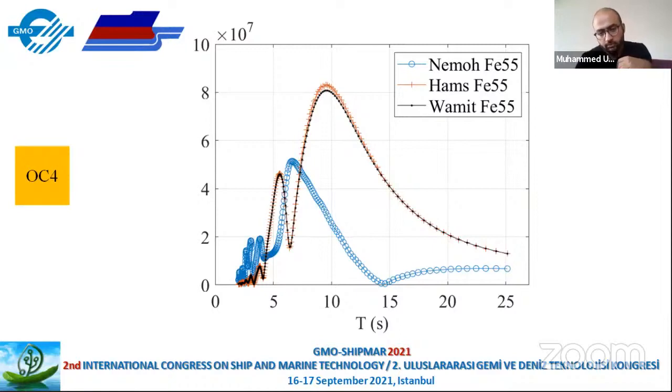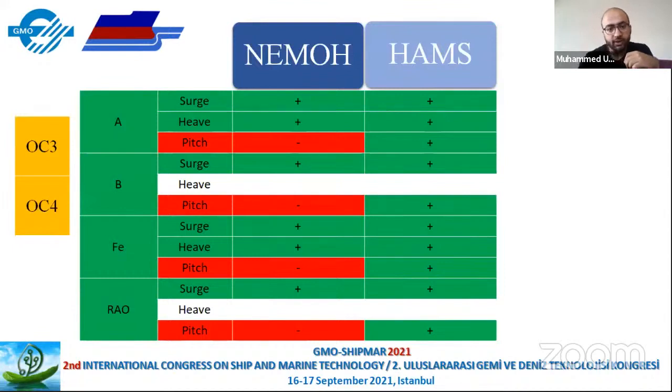So NEMO users should be aware of this problem for the pitch axis. Even for the response amplitude operator, the real motion is affected by the miscalculation of the pitch. Again, the miscalculation is not a general problem. Most probably it's because of the miscalculation of the x distance.